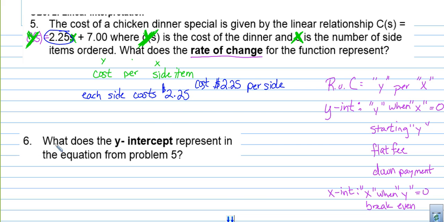Okay? What does the y-intercept represent in the equation from problem 5? Well, the y-intercept is 7. So what does this $7 represent? Well, it's the y when the x is 0. We already defined what x and y were. So it's the cost when we have 0 sides. You could tell me it's the cost of $7 with 0 sides.